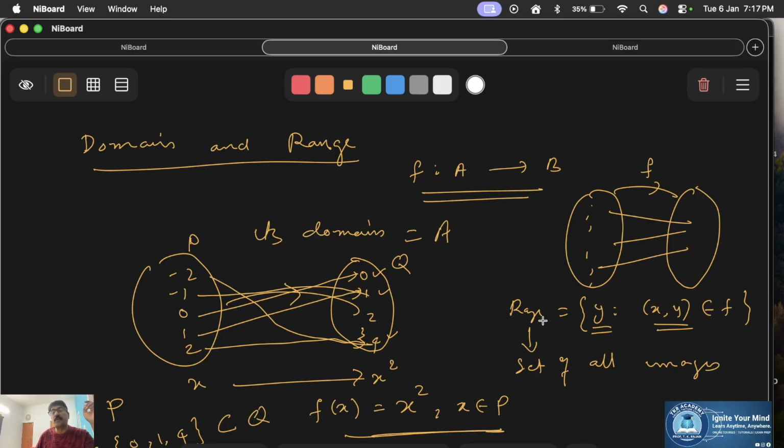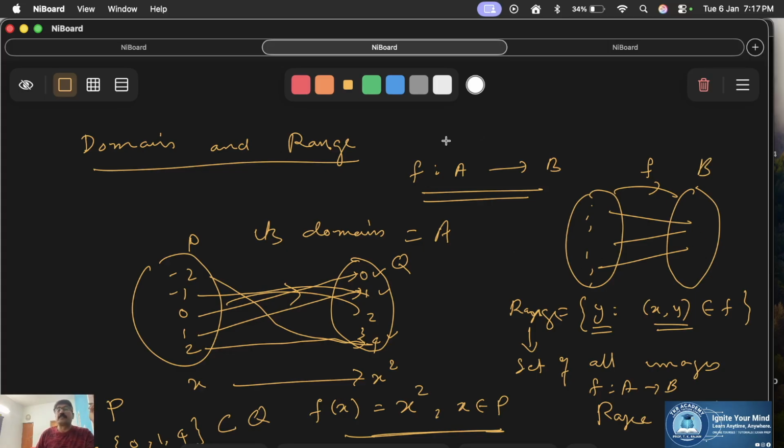So the range of a function, if f is a function from A to B, is a subset of B. It can be equal to B. In that case, that function we will call later an onto function or a surjective function. If the whole B is its range, we call it an onto function.